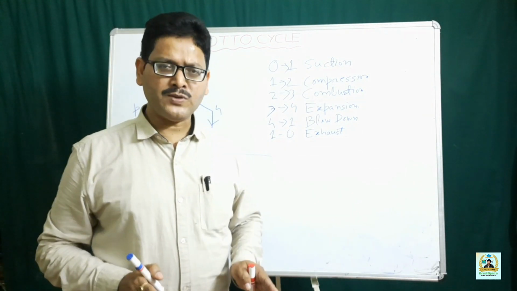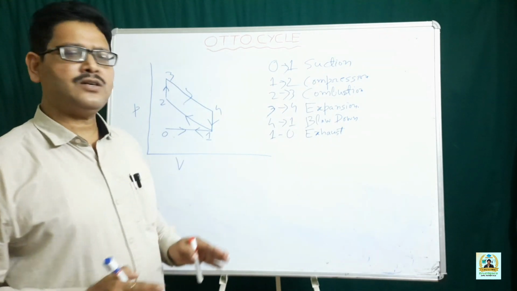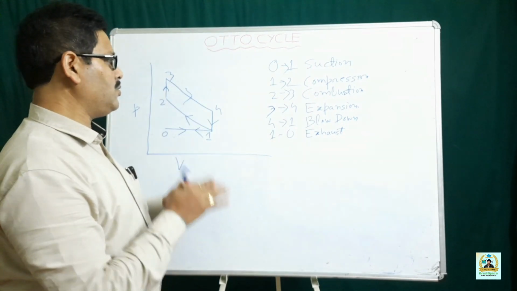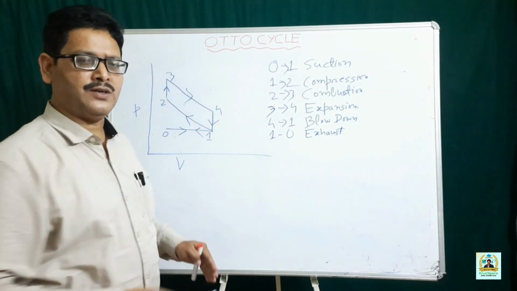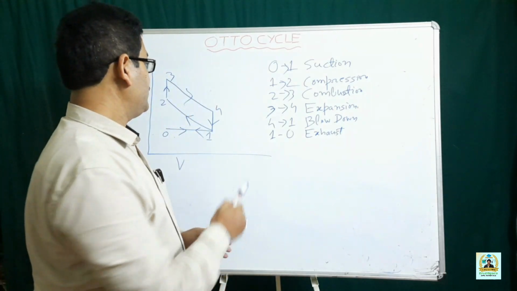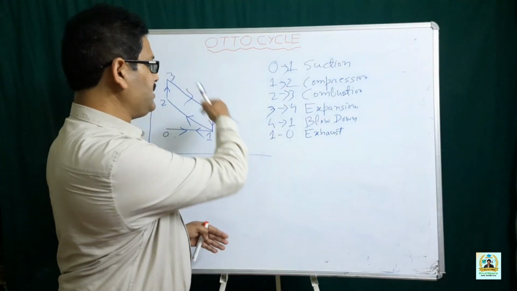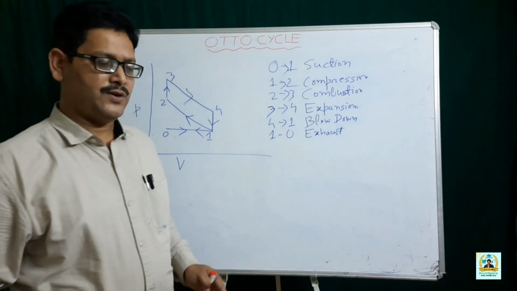Just after the compression process is over, the spark plug gives a spark. As a result, the compressed air-fuel mixture undergoes combustion. 3-4 represents the expansion. Due to the huge amount of thermal and pressure energy developed, the expansion of the burnt air-fuel mixture takes place, and that is represented by 3-4.